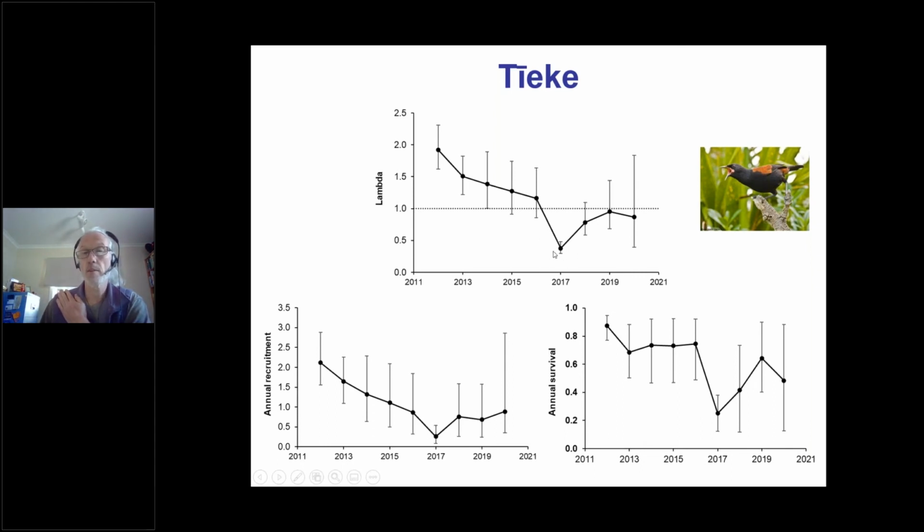And what we're possibly seeing in here now, as the density went down, is what we call density dependent compensation. In other words, the Tieke are able to breed a little bit faster when the numbers are knocked down, and that's possibly enabling them to hang on. And we've got some similar things going on in terms of the survival down here.